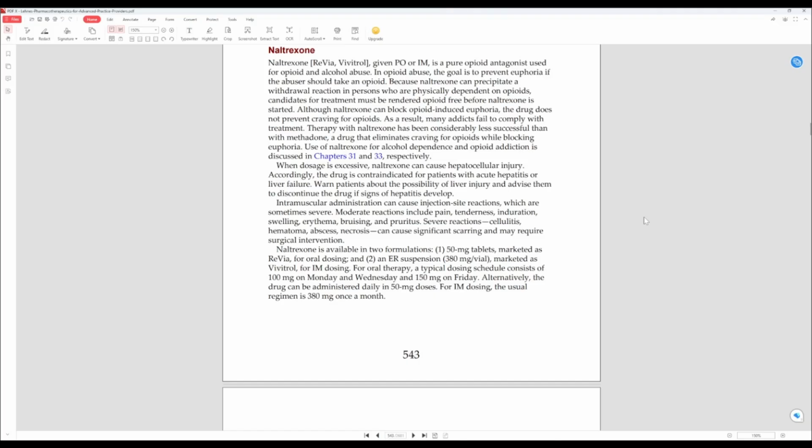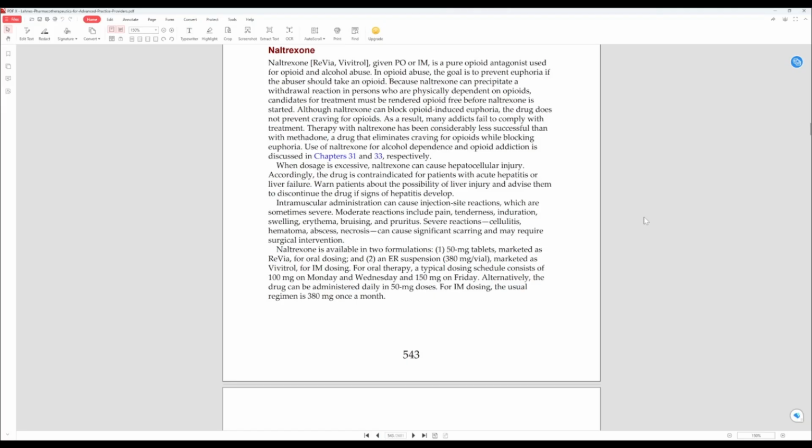Although it can block opioid-induced euphoria, the drug does not prevent craving for opioids, so as a result, many addicts fail to comply with treatment. Therefore, therapy with naltrexone has been considerably less successful than with methadone, the drug that eliminates cravings for opioids while blocking euphoria. Use of naltrexone for alcohol dependence and opioid addiction is discussed in further detail in both Chapter 31 and 33.